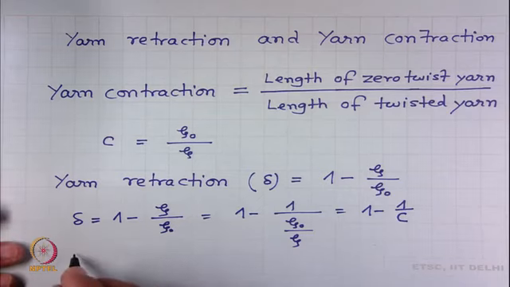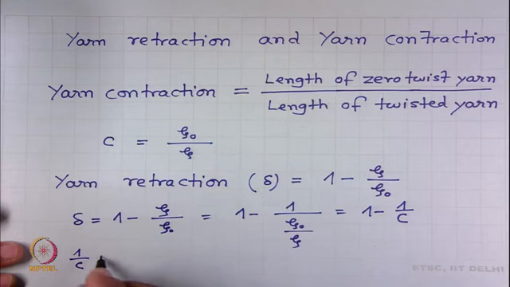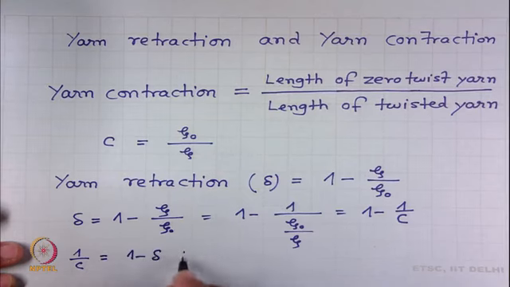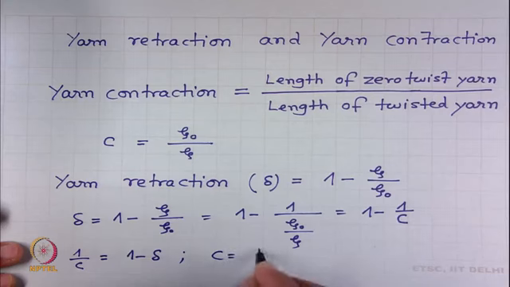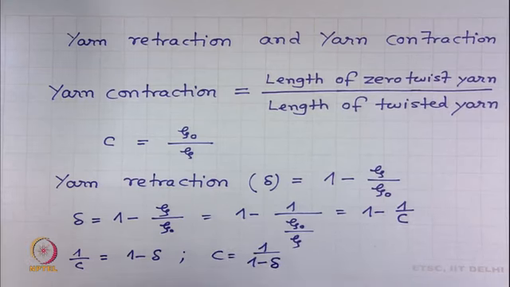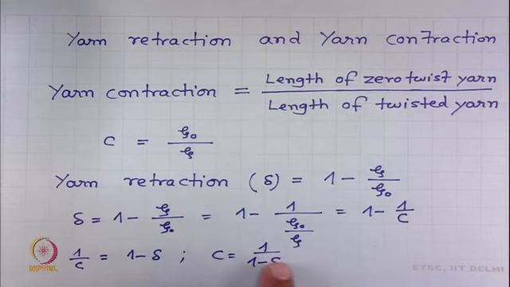Let us write it in another form: yarn contraction is equal to 1 divided by 1 minus yarn retraction.